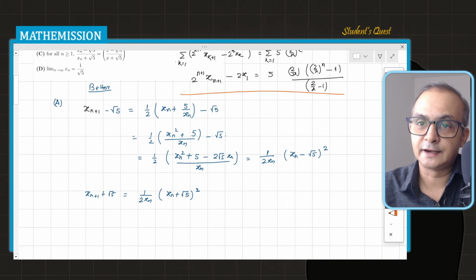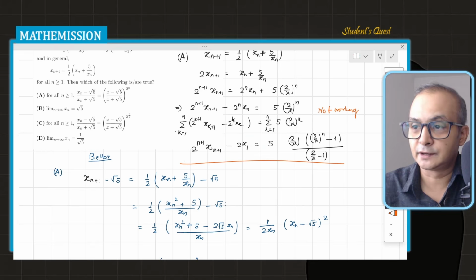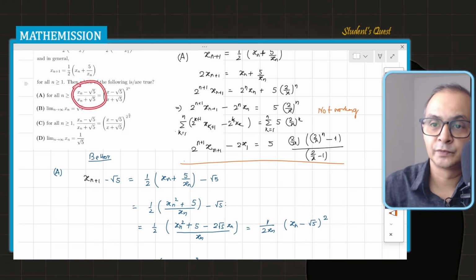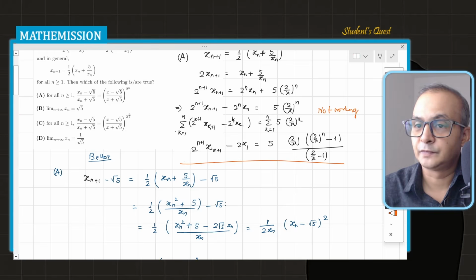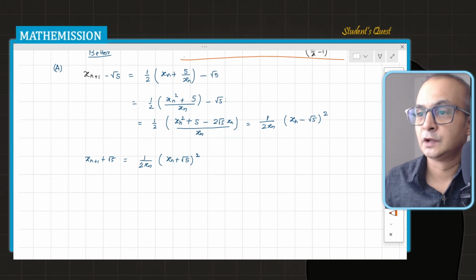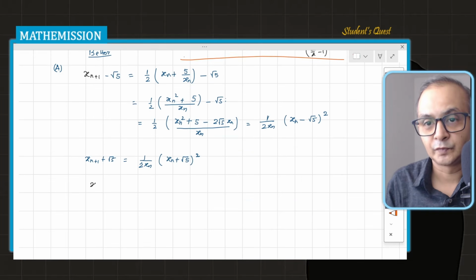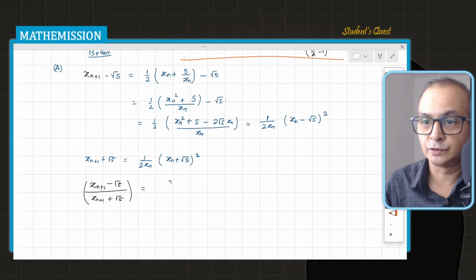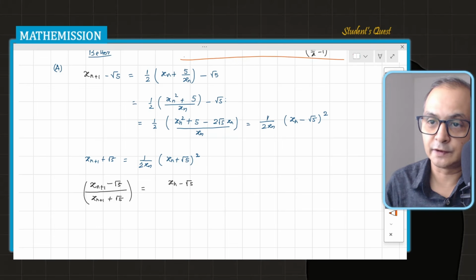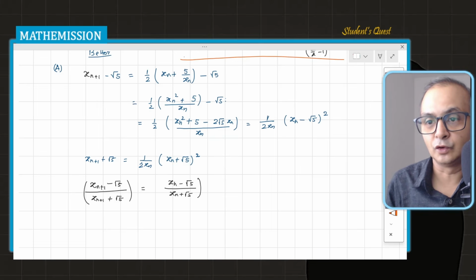And you notice that when I take the ratio, the half xn will get cancelled. So what I got, the ratio xn plus 1 minus root 5 by xn plus 1 plus root 5, will turn into xn minus root 5 by xn plus root 5 the whole square.